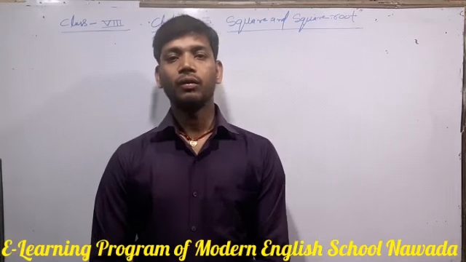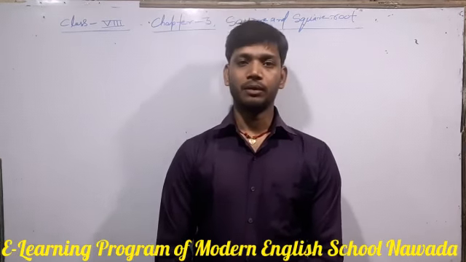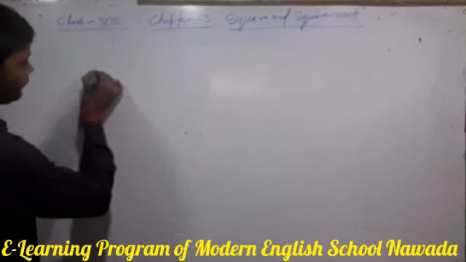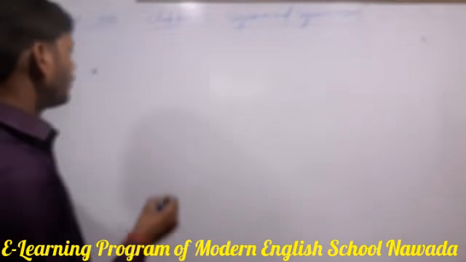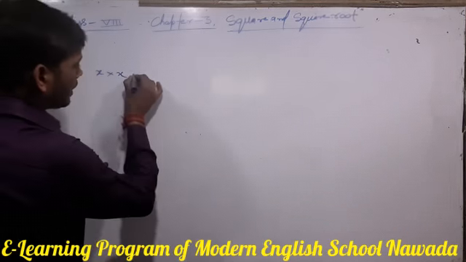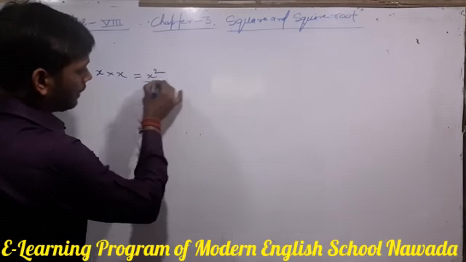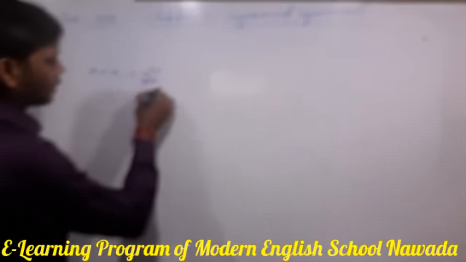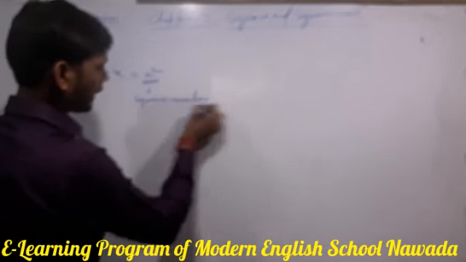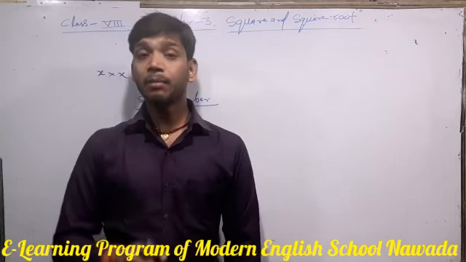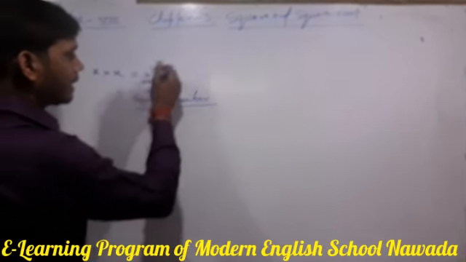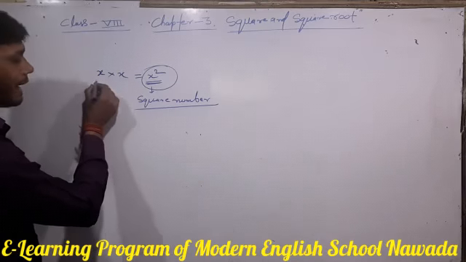For example, if x is any number, and when it is multiplied by itself, that means x times x, the result equals x square. This is a square number. That means the product of any number by itself is called a square of that number. Here this is x square, the square of x.